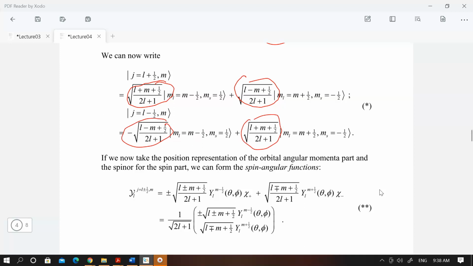So with that, I'm able to write now, okay, this is your coupled representation written in terms of your uncoupled representation with all the Clebsch-Gordan coefficients identified.